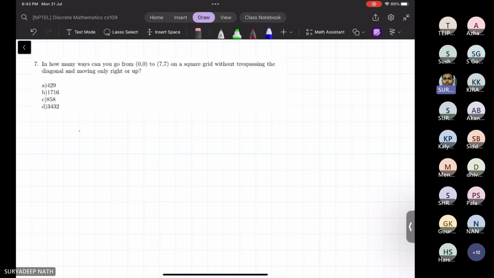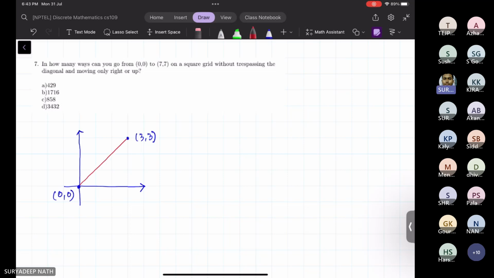So let me draw some axes over here. This point is your 0 0, and let's say this point is your 3 comma 3. In how many ways can you go, you can only take right or up, and you cannot trespass the diagonal. Let me draw the diagonal.